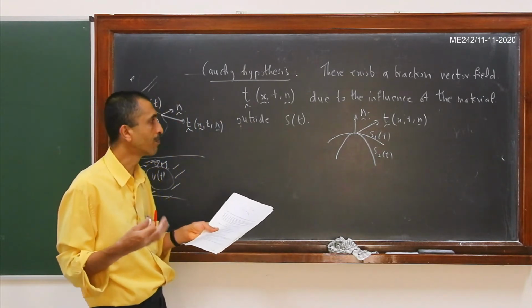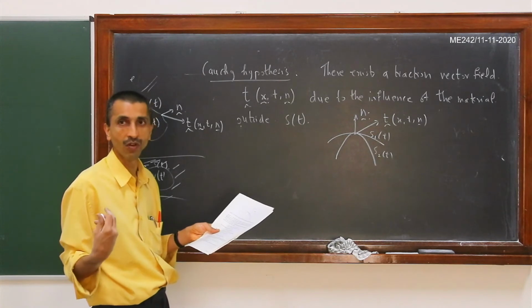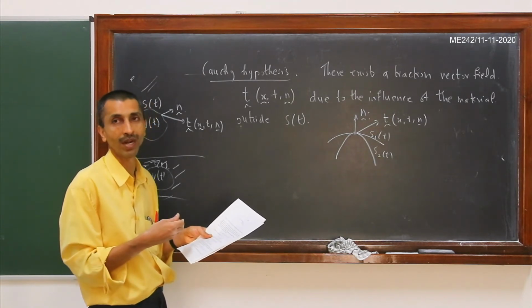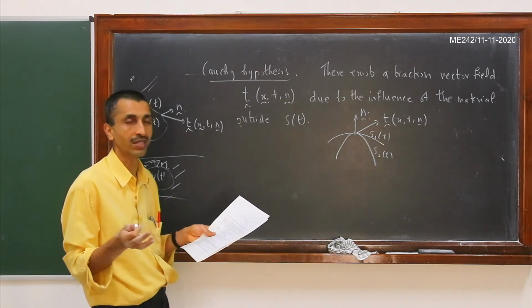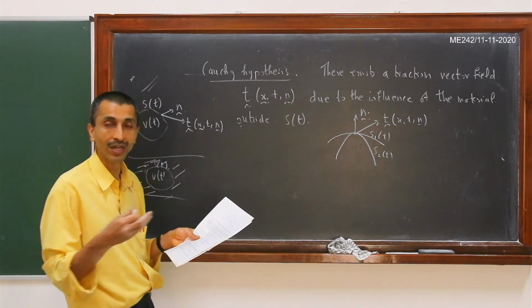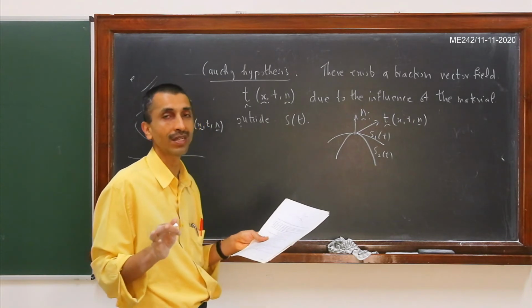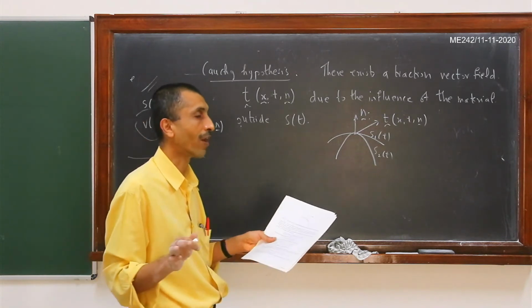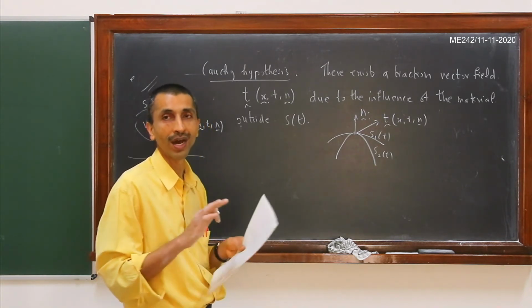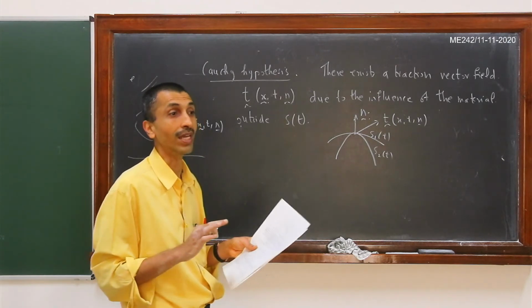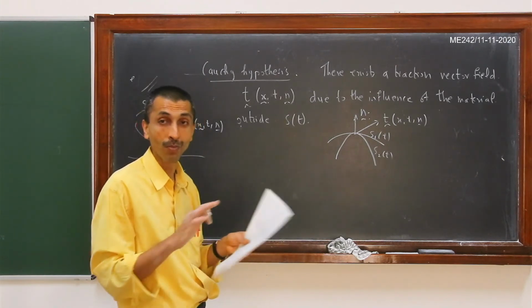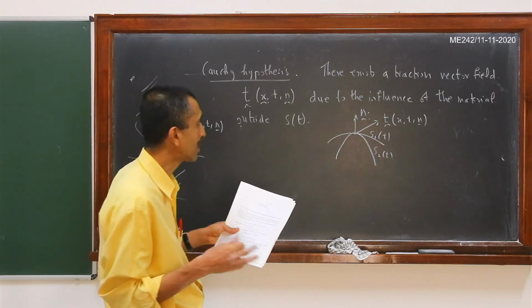Whatever result comes out of that, we will match it against experimental results. If our theoretical results are consistent with the experimental results, then we can say that, okay, of course we have to test it in a very large number of cases. In reality, you will have to test it for all possible loadings.